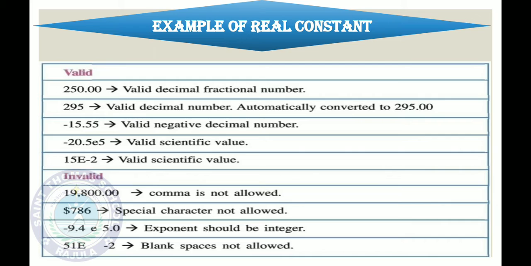But here minus 9.4 is the mantissa, that is fractional, then E, then a space, and 5.0, that is a fractional number. So with the exponent a fractional number is not allowed. These are the examples of some valid and invalid real constants.